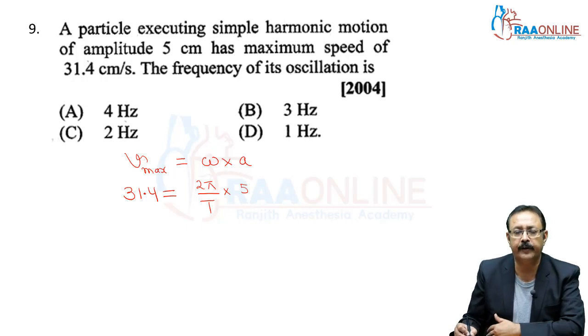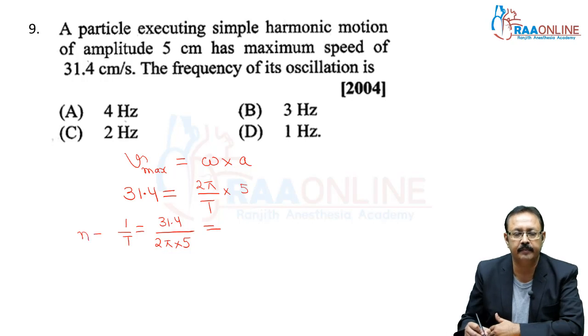So what are we getting? 1 upon T is frequency. So keep this 1 upon T on this side. On the other side 31.4 is there. Take 2 pi and 5 in the denominator. And 1 upon T is frequency.